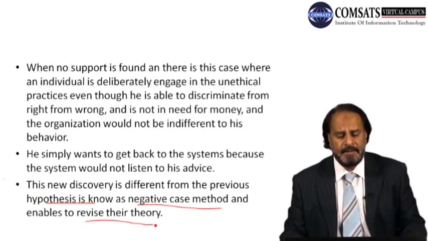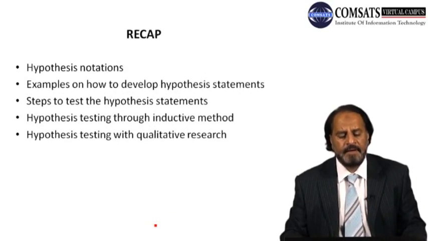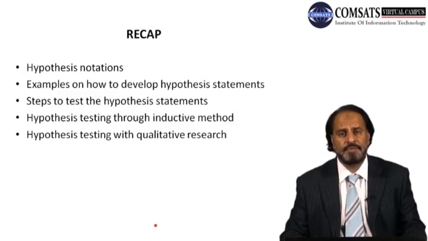So what we looked at so far was the different hypothesis notations, correct? We looked at mu, that is mean. The mean of group A versus the mean of group B is used to indicate the difference between the groups.